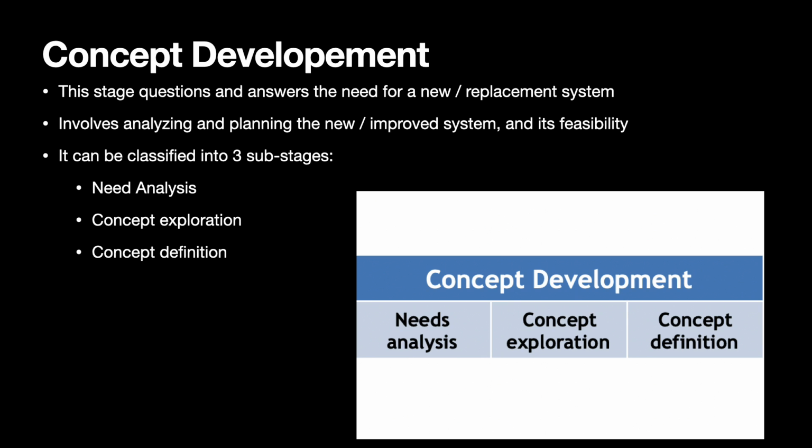And thus, this requires taking into consideration various factors such as stakeholders' needs, practical feasibility, budget cost, scalability, etc. Since this is the initial stage of the systems engineering or development life cycle, it is very different from the rest of the stages. Systems engineering helps in converting operational needs into an economically and technically viable solution. It can be further classified into three substages: need analysis, concept exploration, and concept definition.